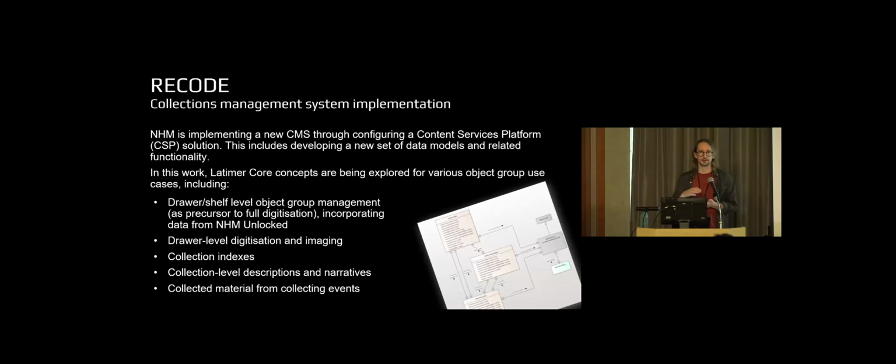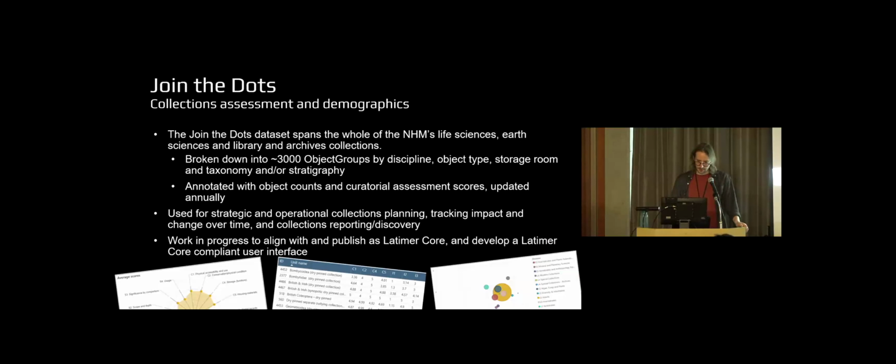So you'd be able to store that in a structured way, again potentially with associating permit data with potential groups in that. So Latimer Core would be able to represent that, and also describe key collecting events within a collection as well. It's very flexible in how we can describe different things.